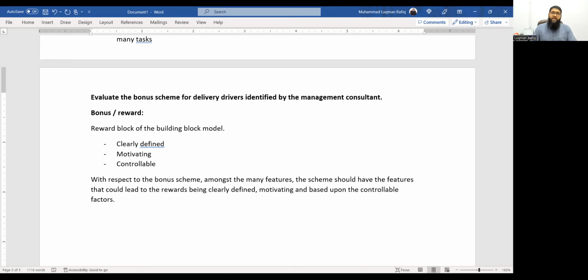Here, the driver's bonus is now linked to retailer satisfaction. The satisfaction of the retailers is to be 85%.